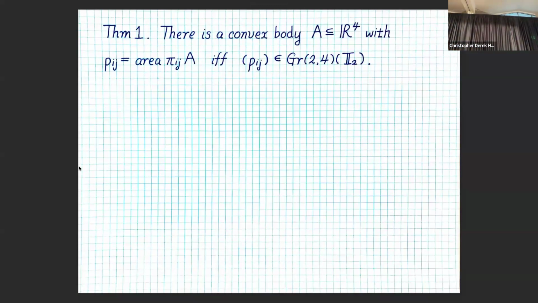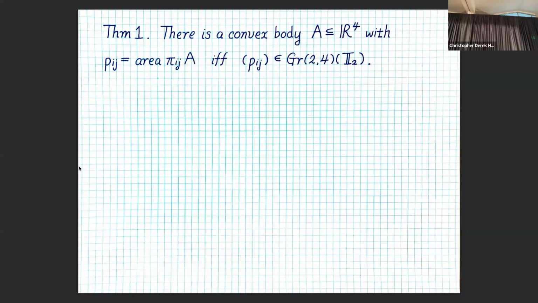And here's the theorem. And that answers the first question I posed about the convex bodies. The answer is that there is a convex body A inside R4 with given 6 projection areas exactly when the corresponding point Pij defines a point in Gr(2,4) over T2.